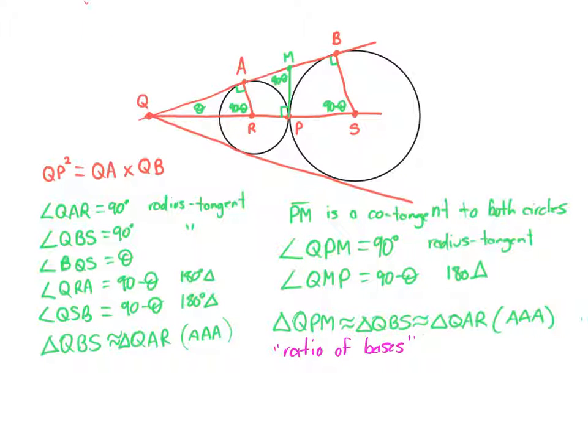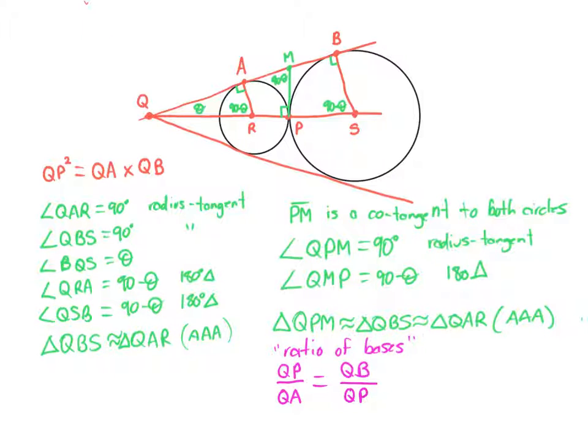Well, we are saying that the ratio of QP, which is the base of that triangle, to QA, which is the base of that triangle, is going to be equal to the ratio of QB, which is the base for that triangle there, to QP.